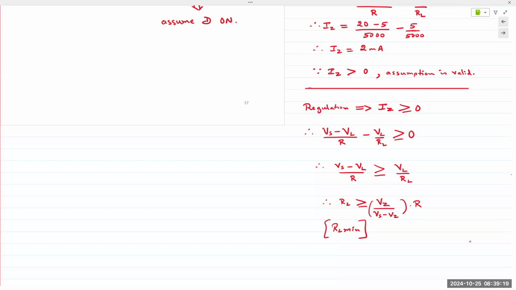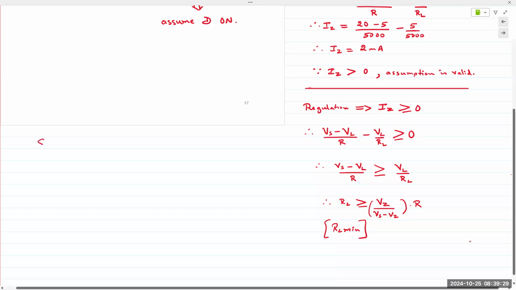That R is also sometimes known as the series resistor. So if you read a different book or a different author, sometimes it's referred to as the series resistor, RS.